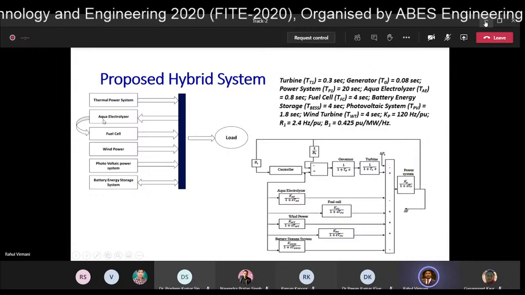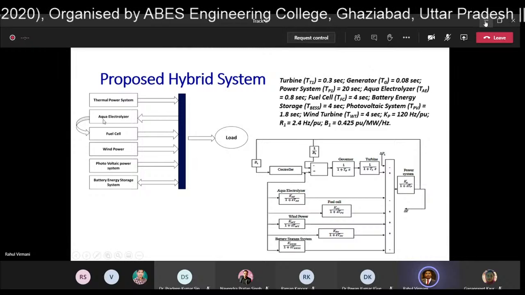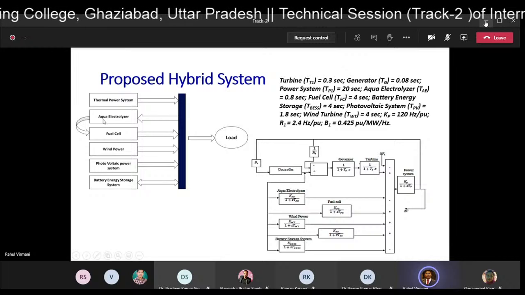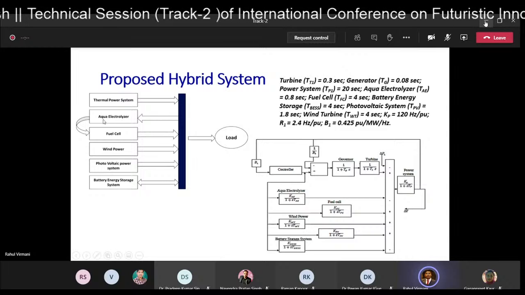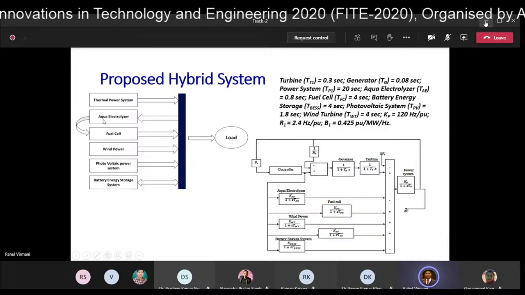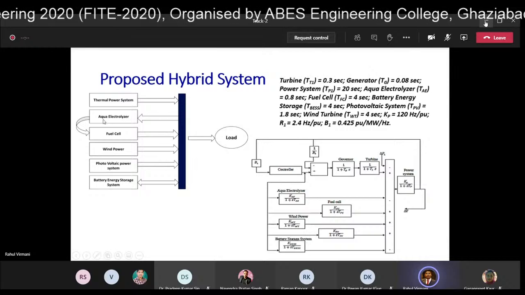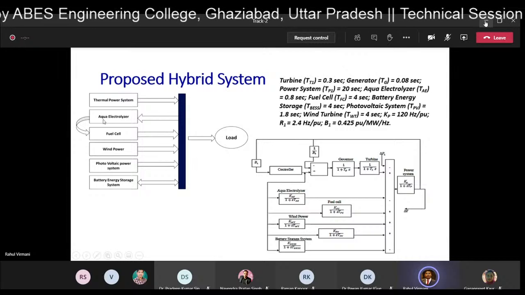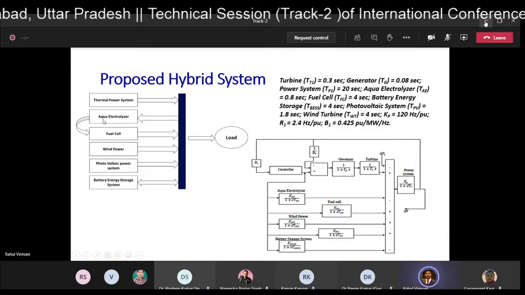But I used fuzzy because of the intermittencies obtained in the wind and the PV cell. Now, when the system is getting a lot of changes in the input itself, it is always better to go with the fuzzy inference system as per the literature survey.